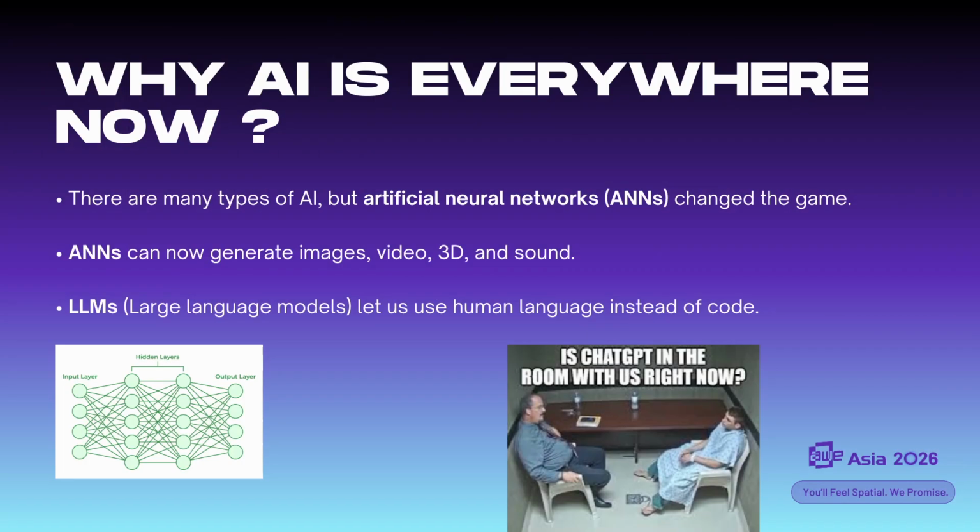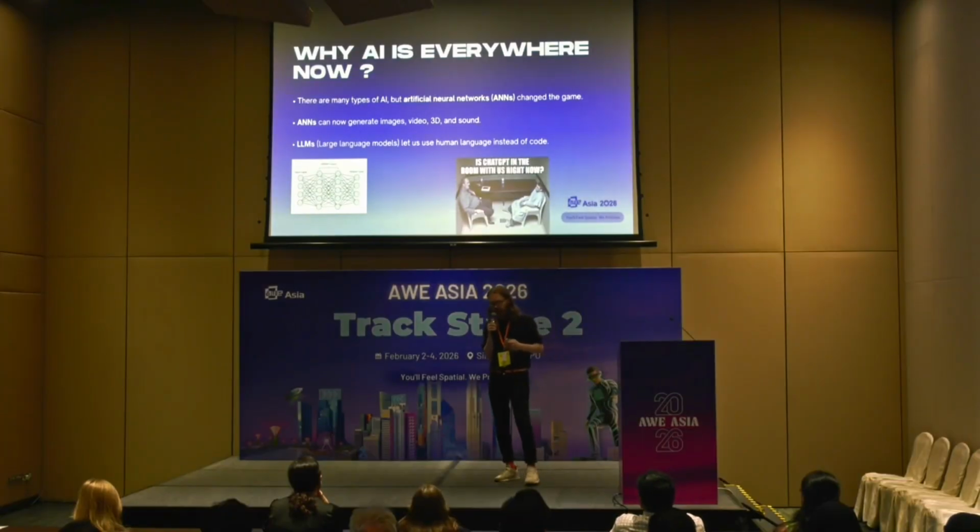Something I want to mention is why everyone is talking about AI and what is so special about AI right now, because AI is a very broad term. What's new about AI is artificial neural networks, and in particular LLMs, that we can use human language to create images.